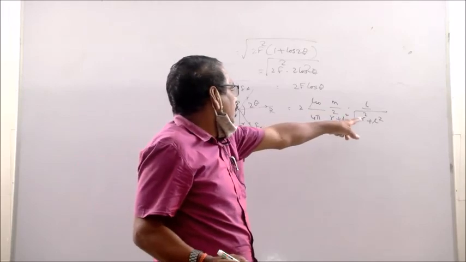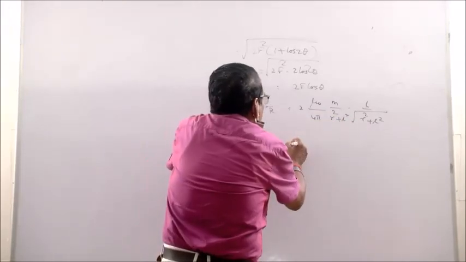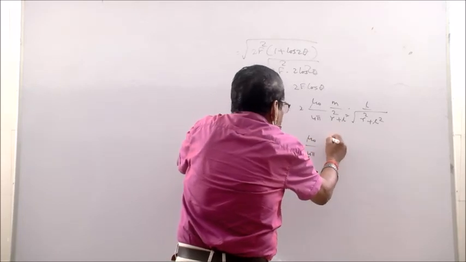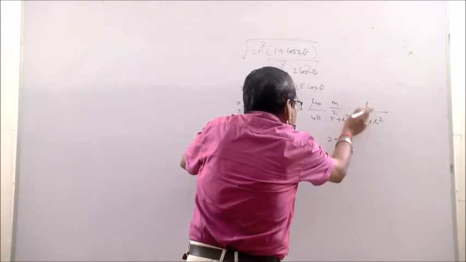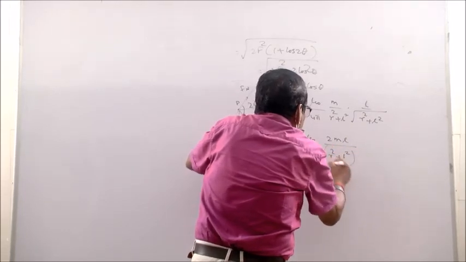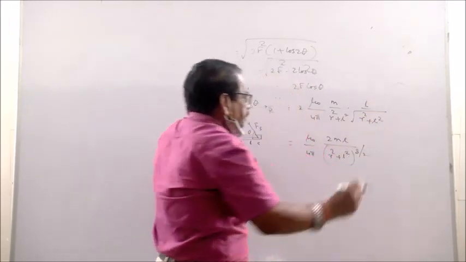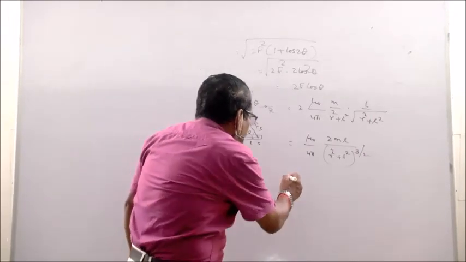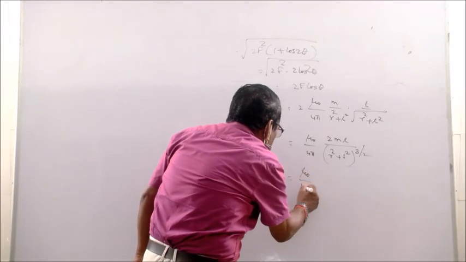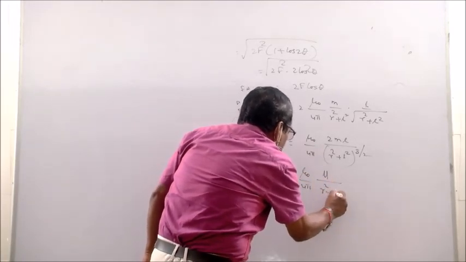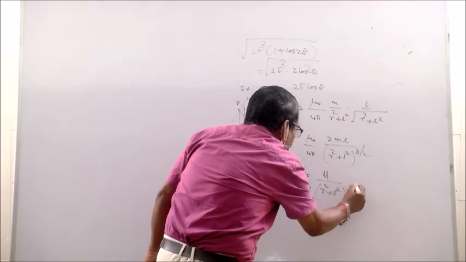That is equal to mu 0 by 4 pi into 2 ml by r square plus l square to the power 3 by 2. Why do I make it 2 ml? Because mu 0 by 4 pi, 2 ml can be written as m by r square plus l square to the power 3 by 2.